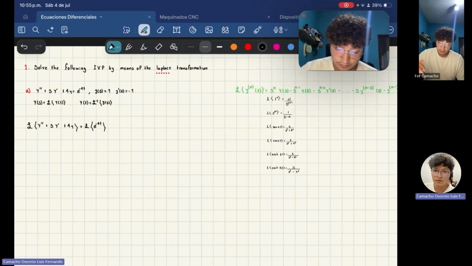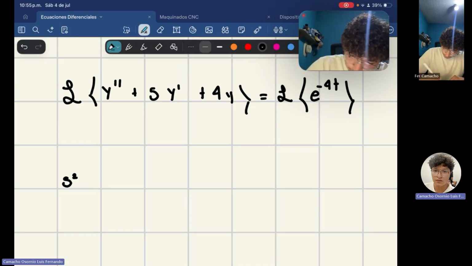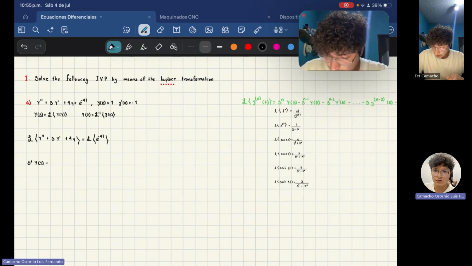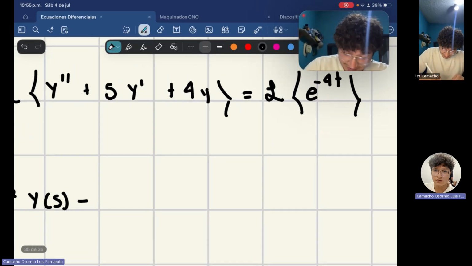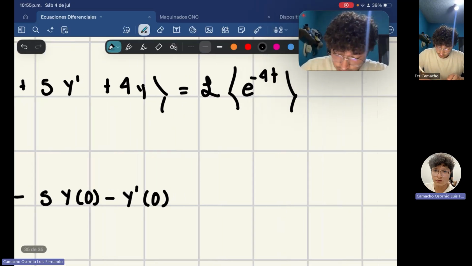In this case, we are going to apply this formula. So we are going to have s squared, less, and in the other case, plus.